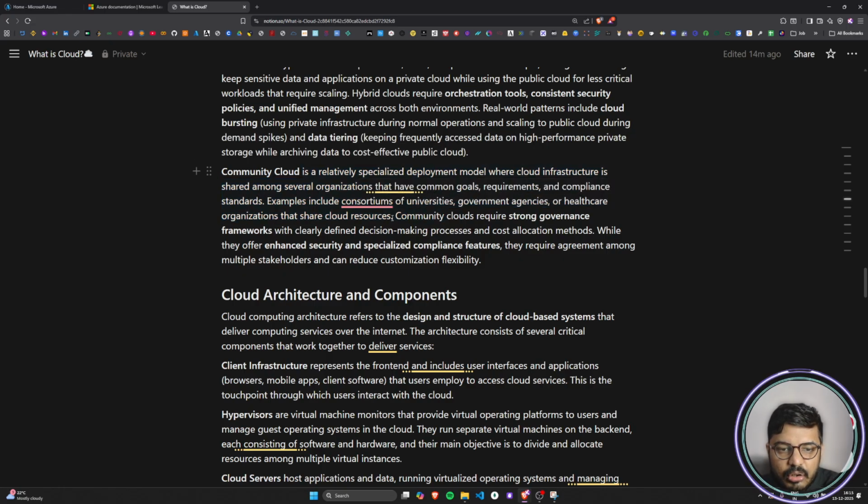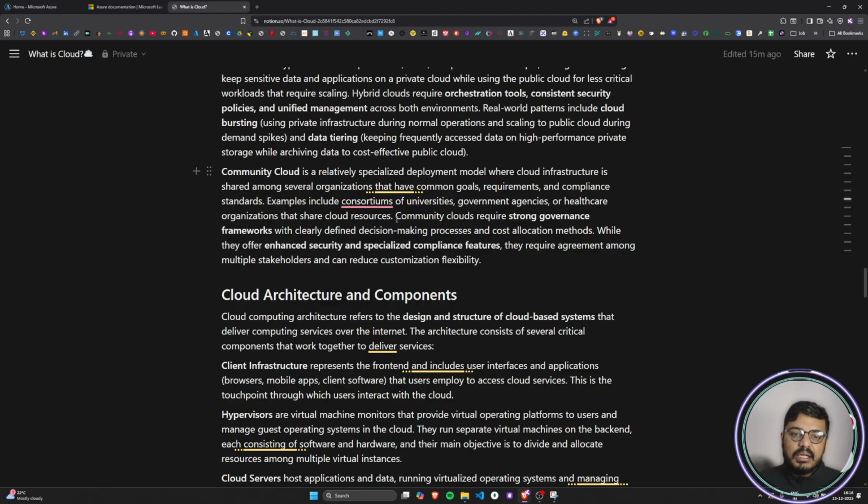So when multiple organizations require the same kind of infrastructure, have the same goal, and provide the same kind of service, a community cloud can be hosted. Multiple organizations can come together and host their workloads on a single cloud.